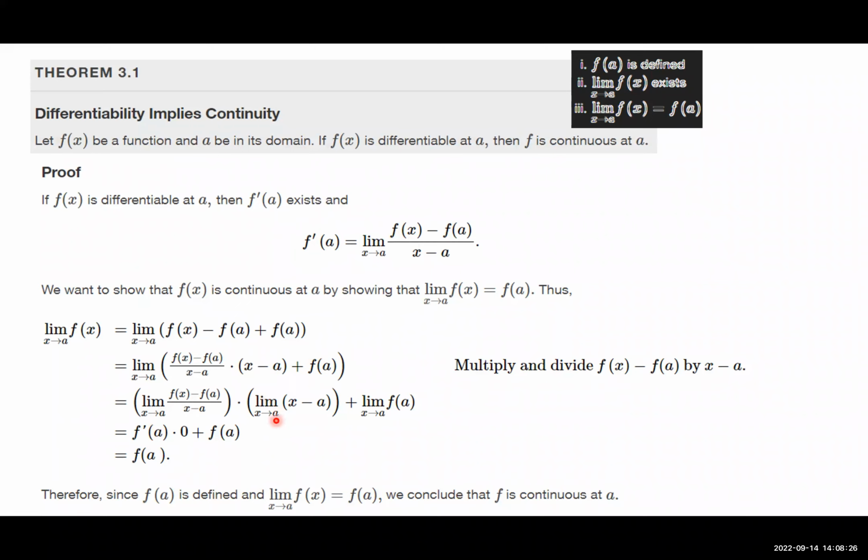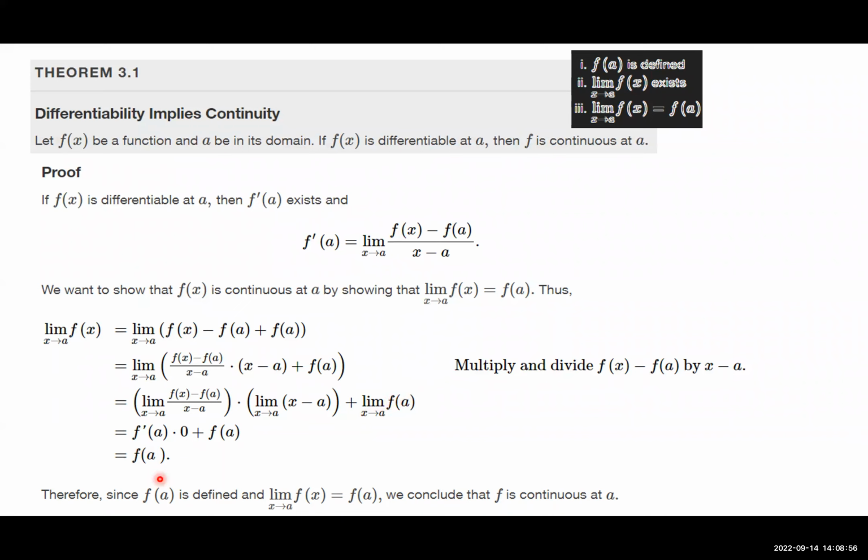For this piece, if you plug in a, you get a minus a, which is 0. So that's where that 0 comes from. And anything times 0 is 0. So this whole piece is going to go away. You're only left with a limit of f of a, which now has become a constant, right? So no matter what x is approaching, the limit of a constant is the constant.